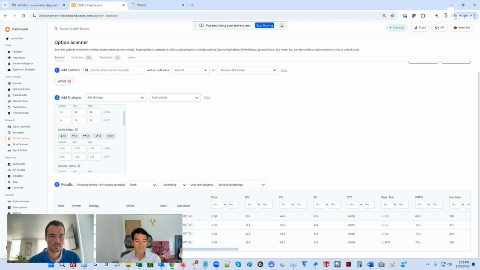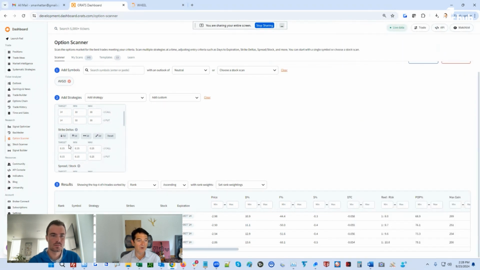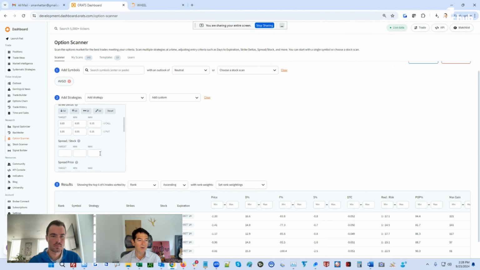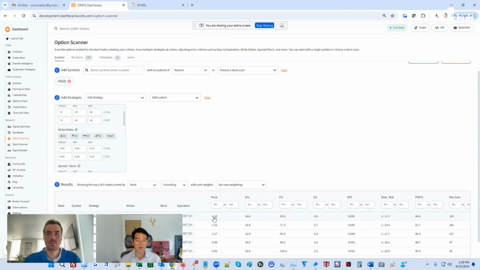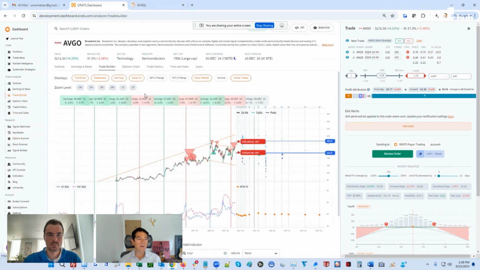Now that we're stretching that out a little bit, I'd actually like to go a little bit farther, down one more or two more, and get a very risk-averse trade, which is what I want to put on here. The really neat thing is the trade builder: you could see, let's go to like 6 months.